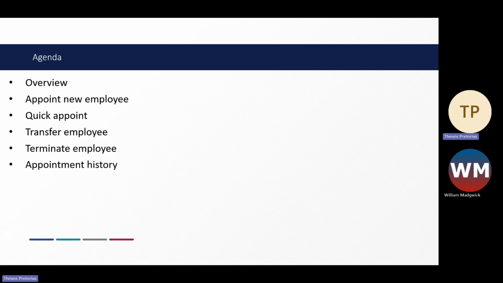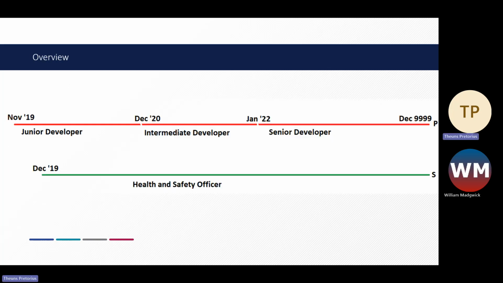Appointment history. Primary appointment and secondary appointment. All right, so first, a quick overview of when you appoint an employee, how that employee's journey at the company might look. So the first line you'll see is marked with a P, that's the employee's primary appointment. Okay, so in November 2019, before COVID, this person was employed as a junior developer.